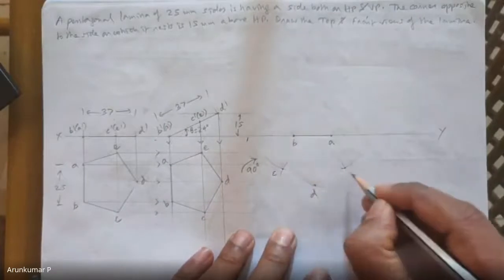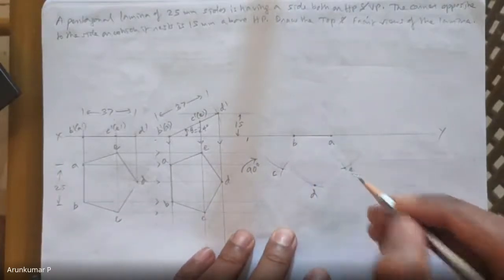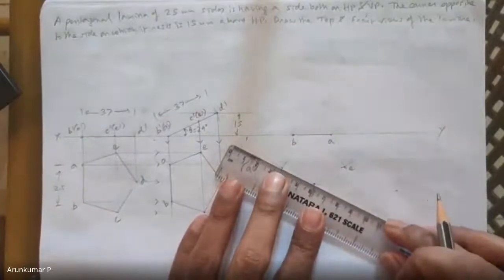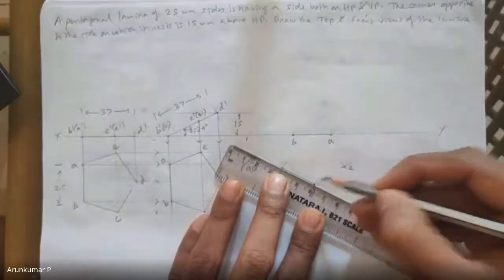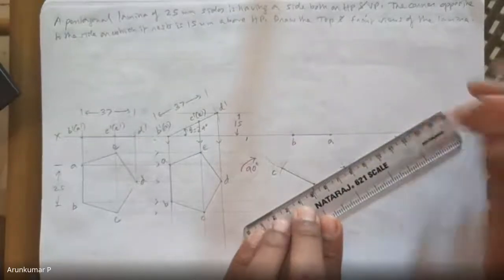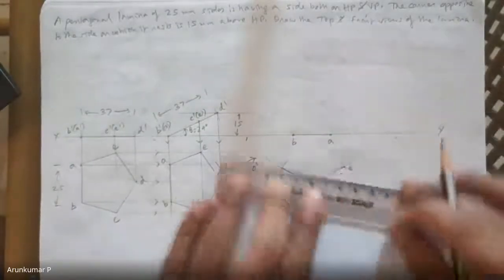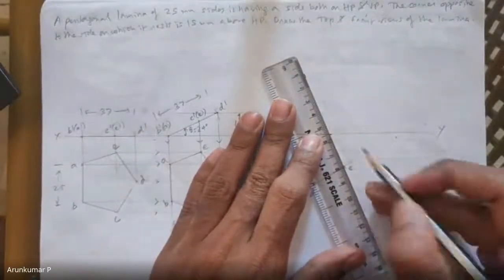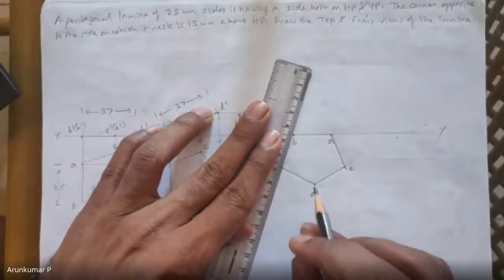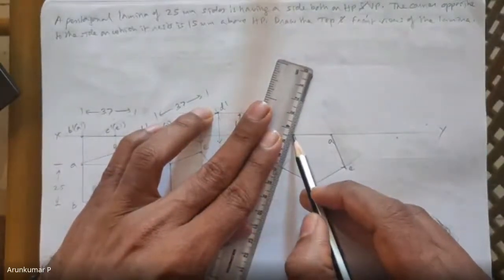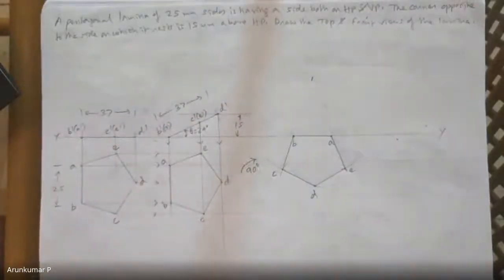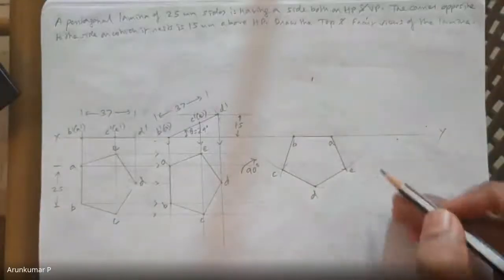So this is C, this is D, this is E. If you join them, you will get the second step top view inclined by 90 degrees or repositioned by 90 degrees in the third step with its edge AB on XY line. That's it. This is your final top view.